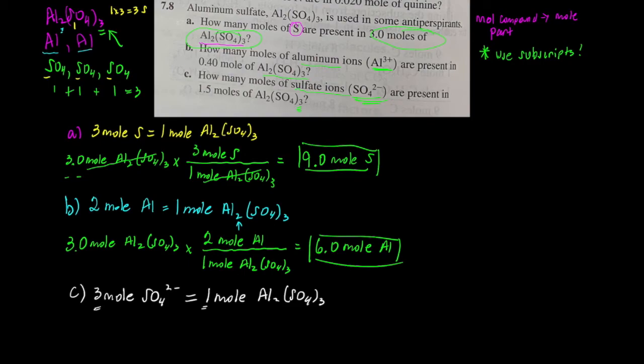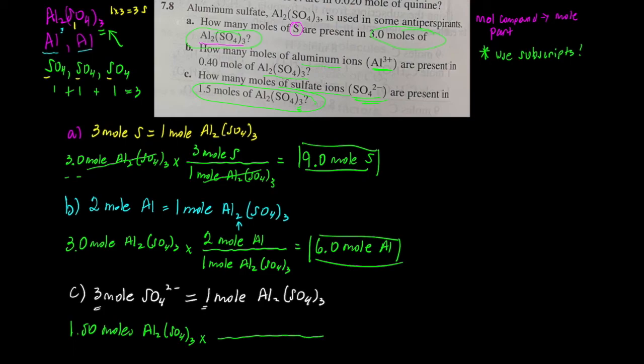Now when we do dimensional analysis, we want to start from the starting units. So we start with 1.50 moles aluminium sulfate. Okay, put your multiplication in your fraction bar.